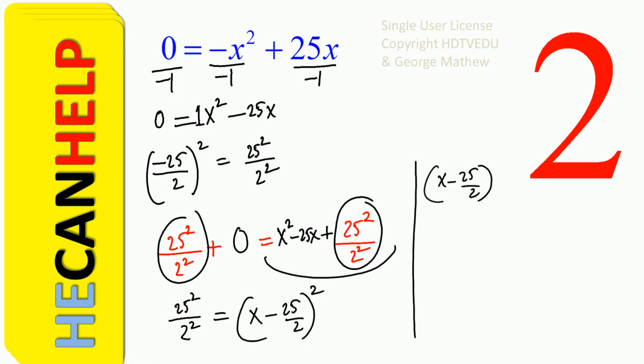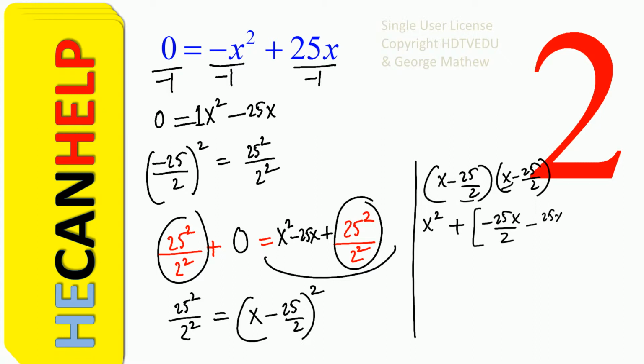X minus 25 over 2, the whole squared is nothing but x minus 25 over 2 times x minus 25 over 2. What is first times first? X squared. What is outer times outer? Negative 25x over 2. And what is inner times inner?